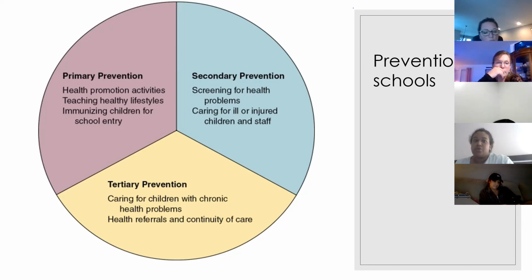Okay, so primary is like you've never had any sort of chronic condition. You don't have any at all, because if you have one chronic condition, even though you're not educating for that condition, you're educating for a complication of that condition, it's still considered secondary.